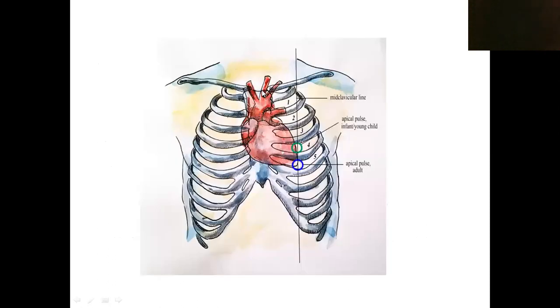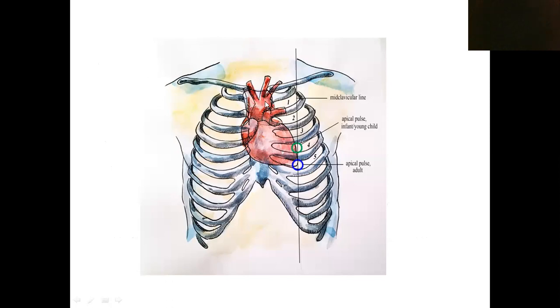What is meant by sternal angle? This is the sternum. It has an upper quadrangular part, that is the manubrium sterni. Then lower, this area is the body of the sternum. Then lowermost is a spine-like projection, this is the xiphoid process.